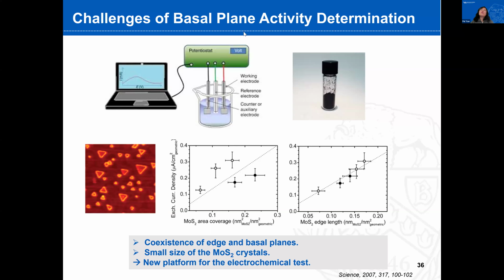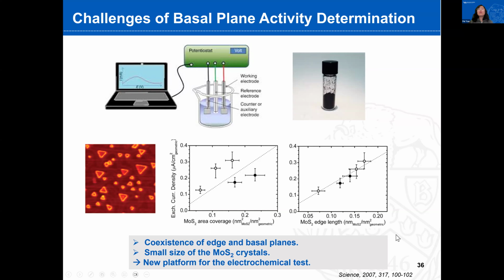Some studies also used CVD growth samples, but unfortunately, when you apply such a sample in the conventional three-electrode setup, what you cannot avoid is, again, the coexistence of the edge plane and the basal planes.